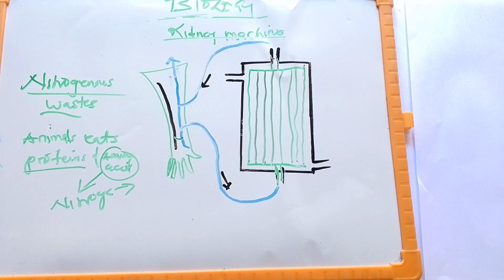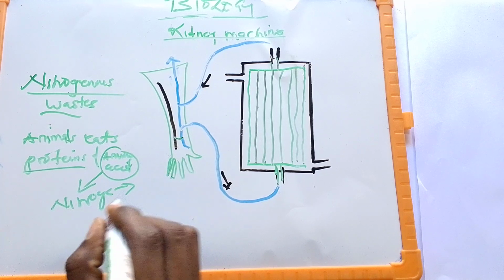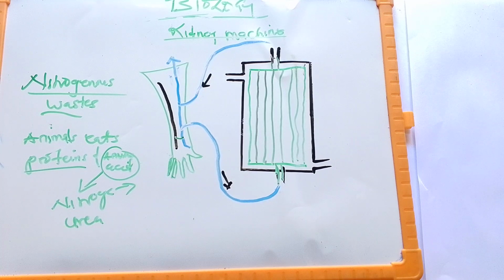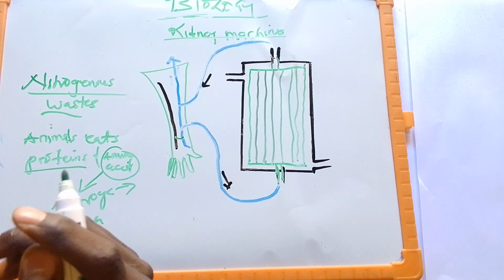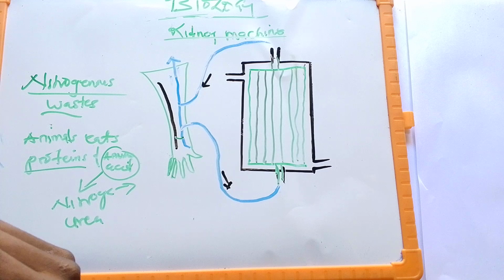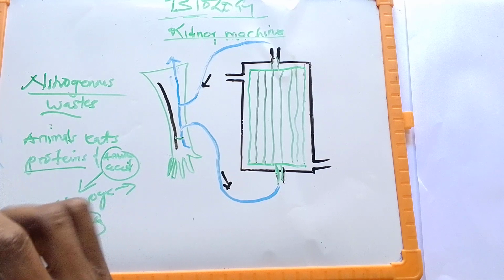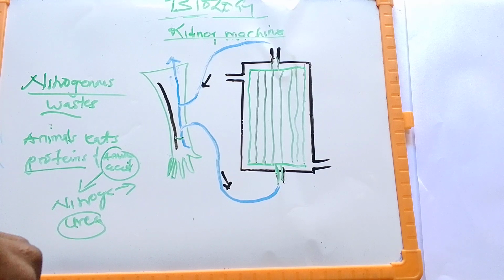Now, in mammals, this nitrogenous waste is what we call urea. So once urea accumulates in the body, it is so toxic that it will affect the normal operation of the body. So this urea should be removed from the body through the kidney.